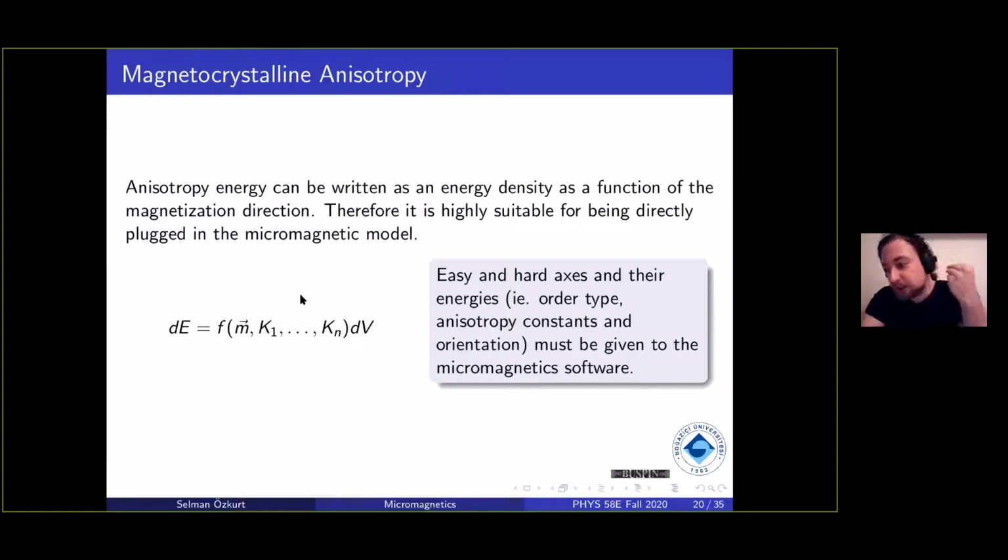Because the individual spins are not important in this magnetocrystalline anisotropy energy, but which direction they point to does really matter. It's really easy to integrate it into our micromagnetic model, which gives us precisely what direction the spins in a given region point to.